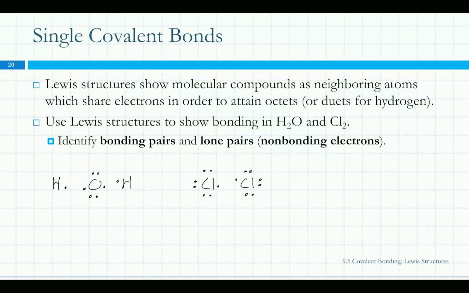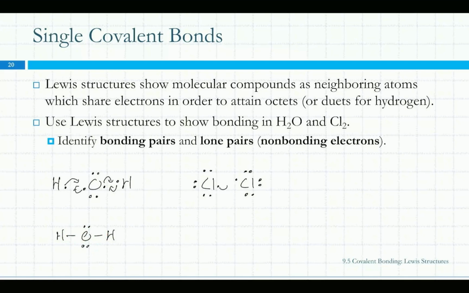Hydrogen has 1 valence electron. Hydrogen wants to get to 2, oxygen wants to get to 8. So it can form a bond with 1 hydrogen on one side, another hydrogen on the other. And now because these electrons in the bond are shared, we can count them for both hydrogen and for oxygen. So for oxygen, it's 2, 4, 6, 8.